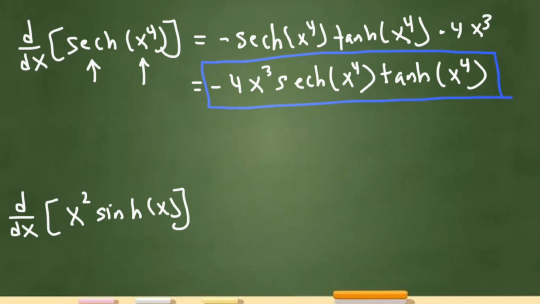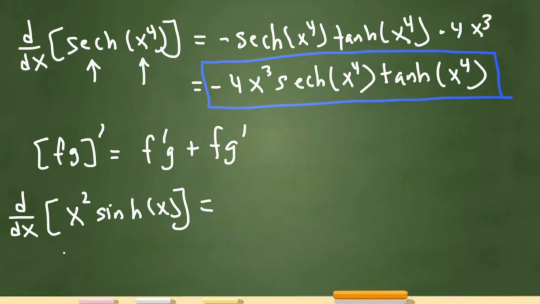Alright, so moving to the next one, we have the product rule. If you recall, here's the product rule. If we have f times g, the derivative of that is f prime g plus f g prime. So this is f and this is g.